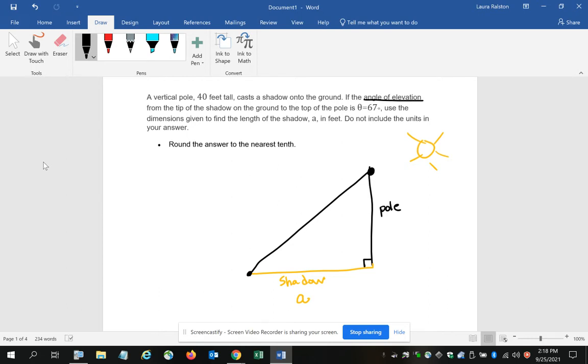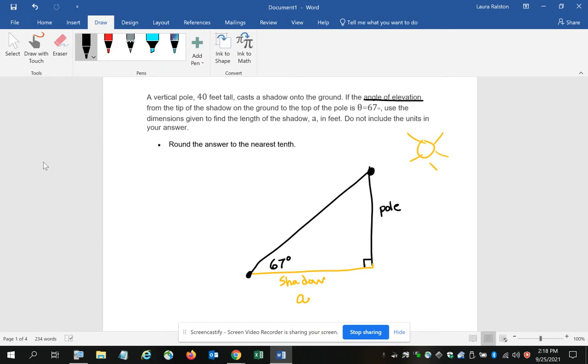Typically you hear two phrases: angle of elevation and also angle of depression. Elevation implies that you're looking up at something. Angle of depression implies you're looking down. So from the tip of the shadow, the angle of elevation is 67 degrees.